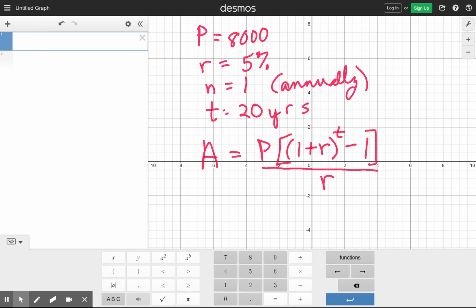we'll have 8,000 times 1 plus 0.05 for 5% raised to the T of 20 years.